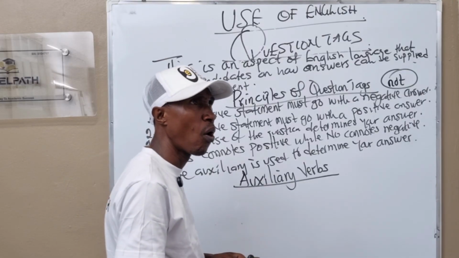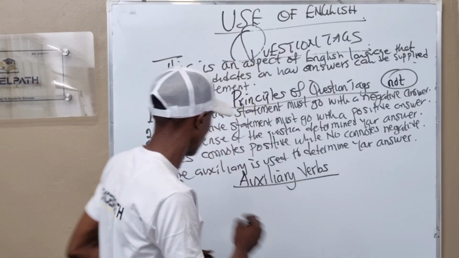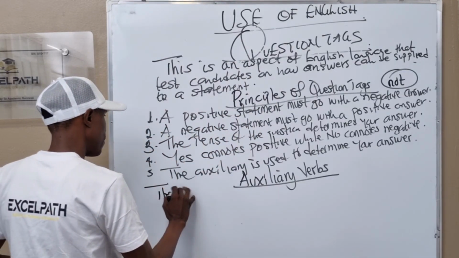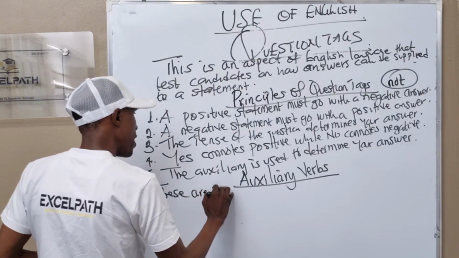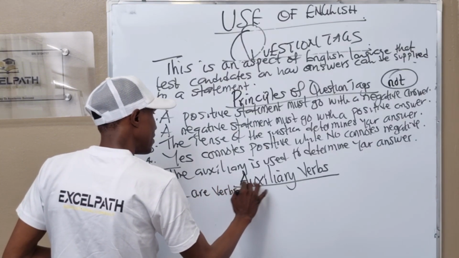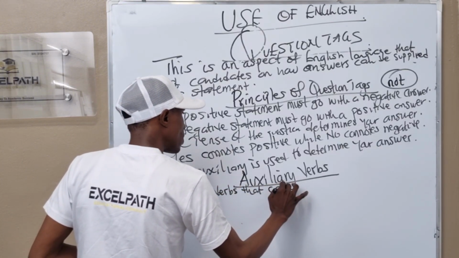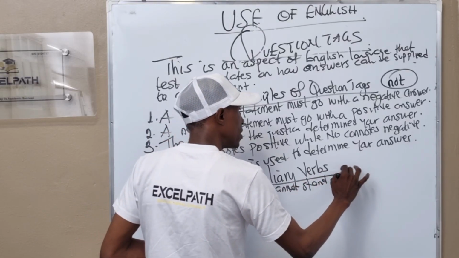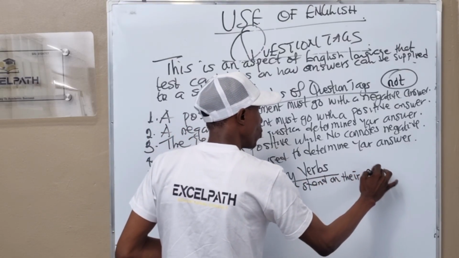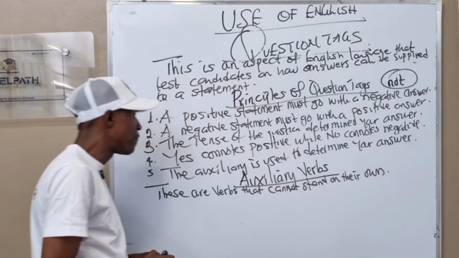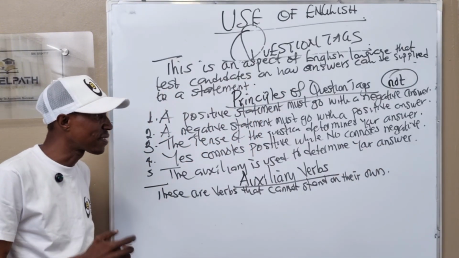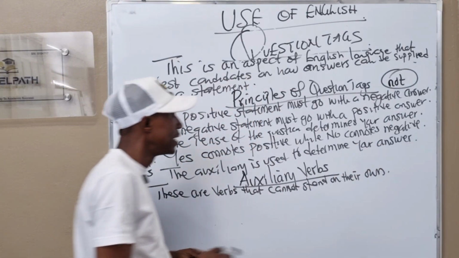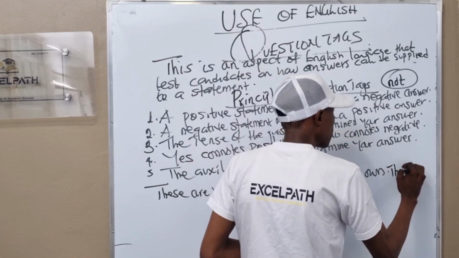And from here, we'll be asking ourselves the definition of auxiliary verbs. What are auxiliary verbs? These are verbs that cannot stand on their own.